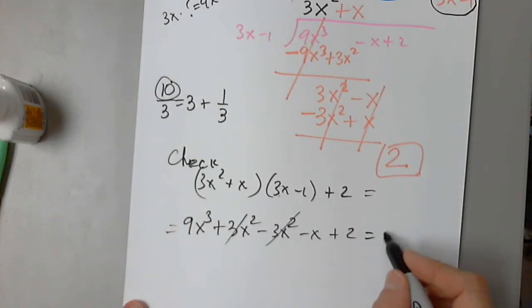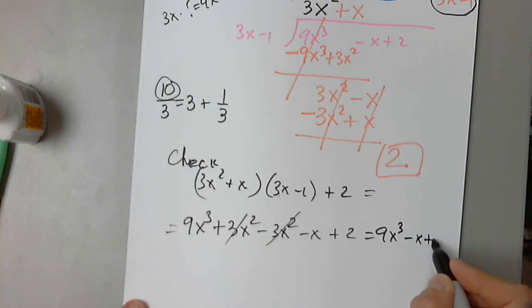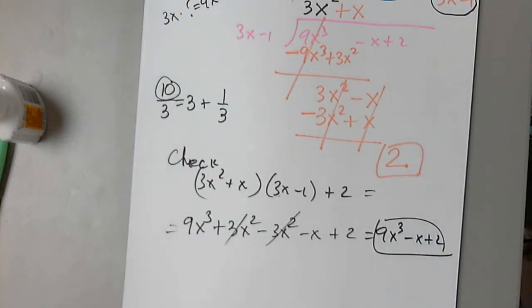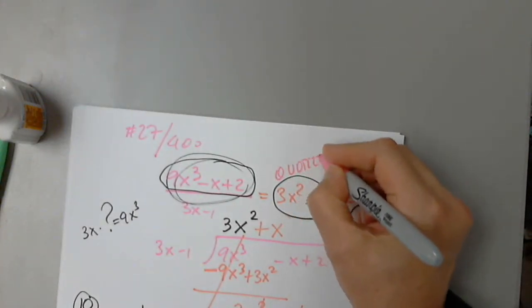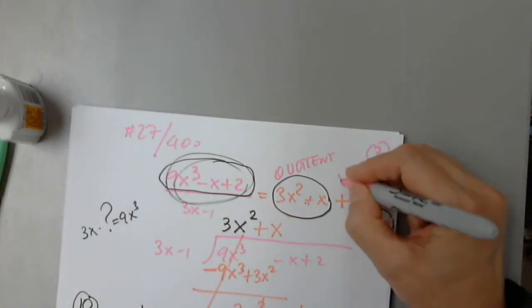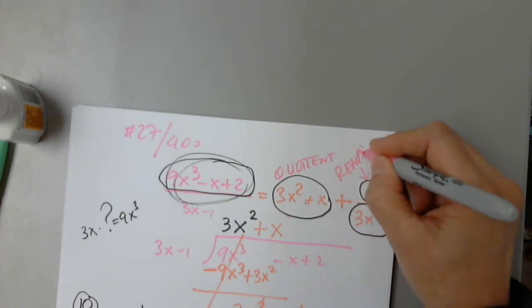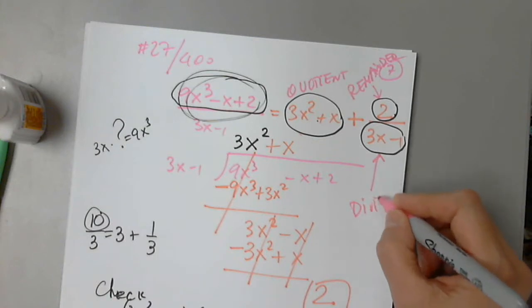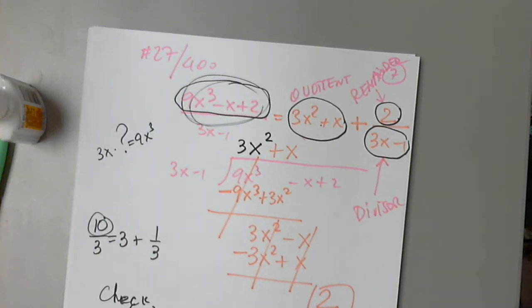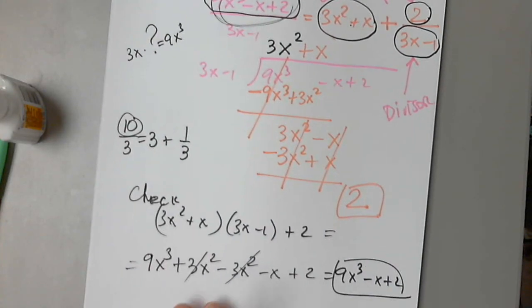These two go away, and I get 9x cubed minus x plus 2 as expected. Which means indeed that this is the quotient, this is the remainder, and this is the divisor. Quotient, remainder, divisor. And this is our long division.